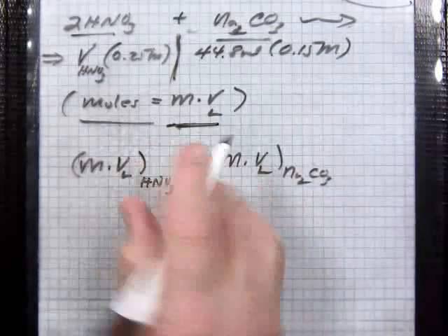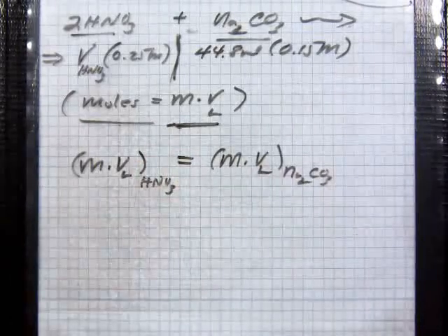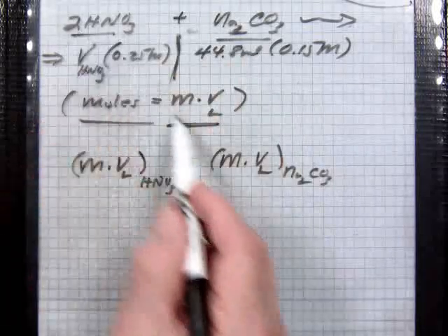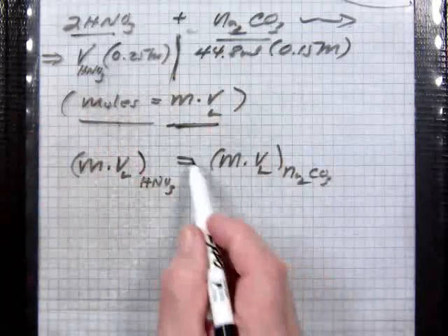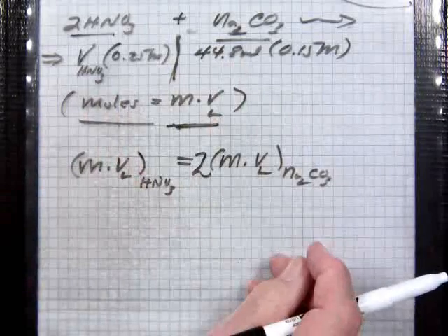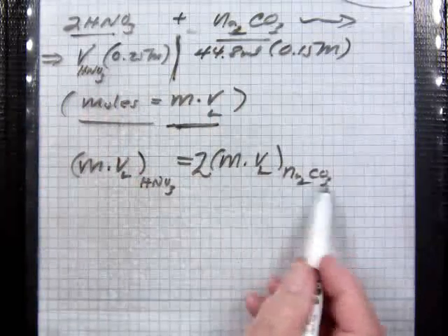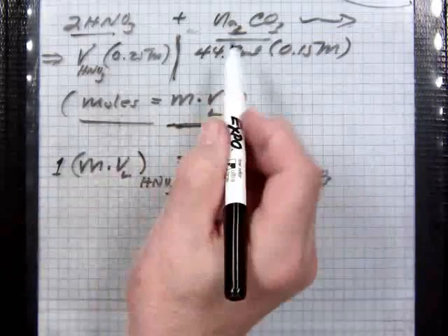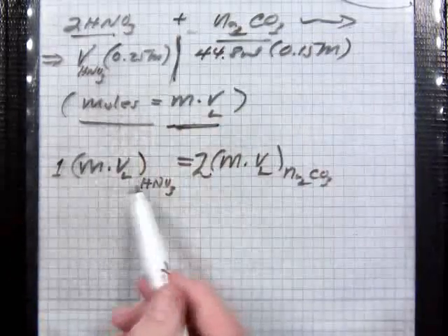And we want to set that equal to moles of the sodium carbonate solution, like that. Well, that's not true in the way I've written it in this context, because we have different numbers. However, I can swap the coefficients. So I can take the coefficient off the equation and put it in the front of this sodium carbonate expression, and the coefficient in front of the sodium carbonate, put it in front of the HNO3 expression.